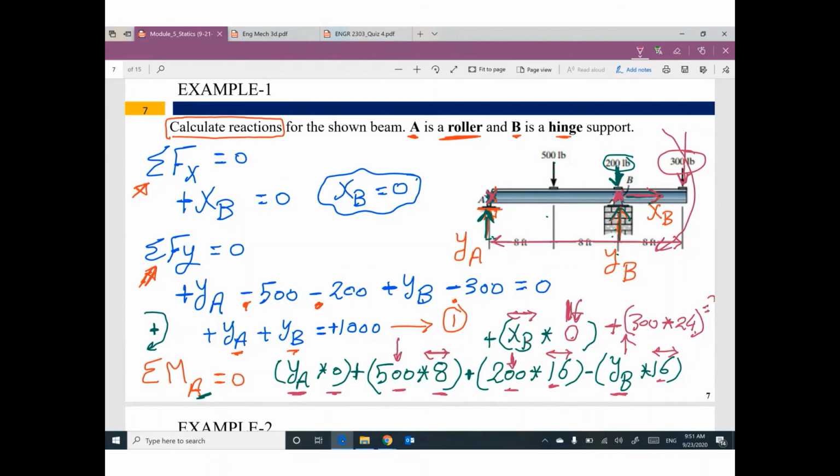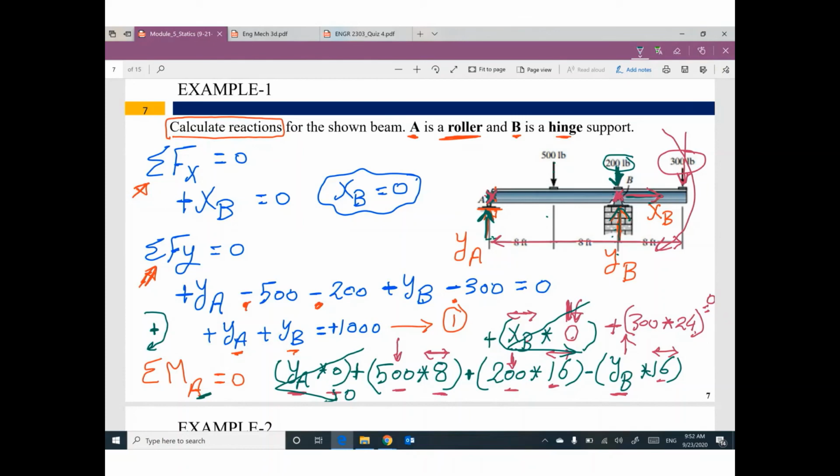I believe this term will be cancelled because YA times 0 is 0. And this term will be cancelled, XB times 0 is 0. The only unknown in this equation will be YB.